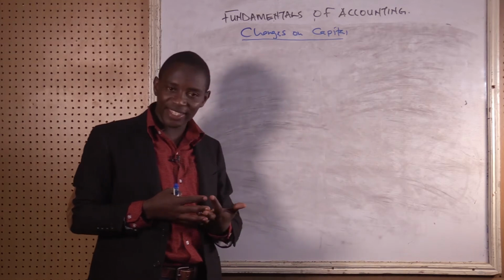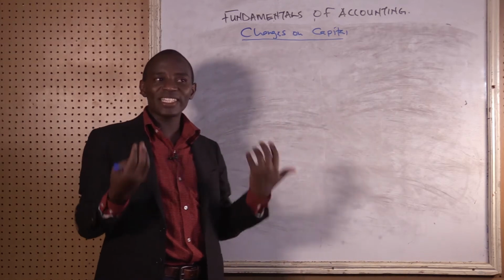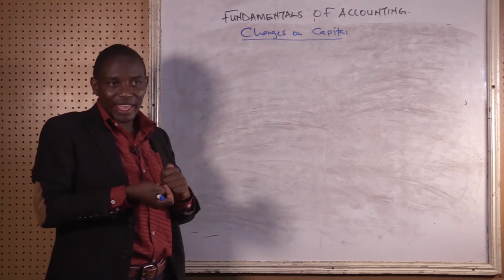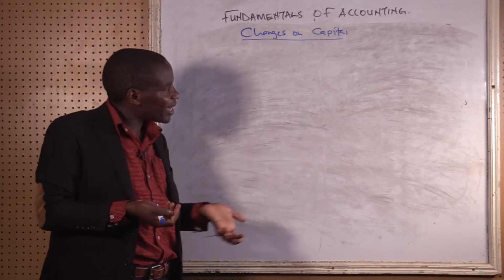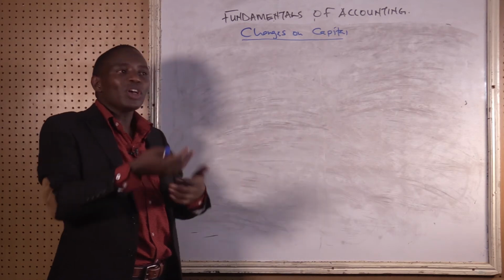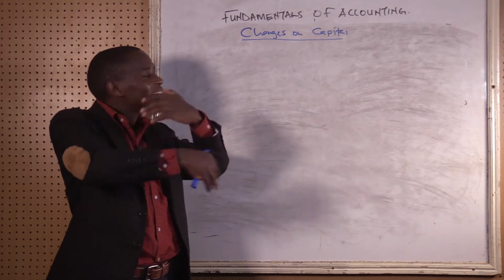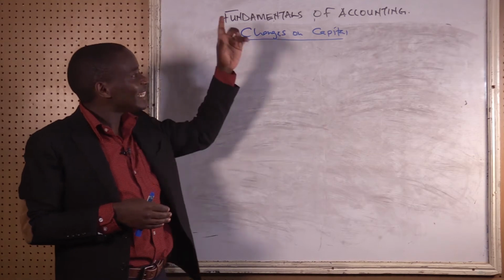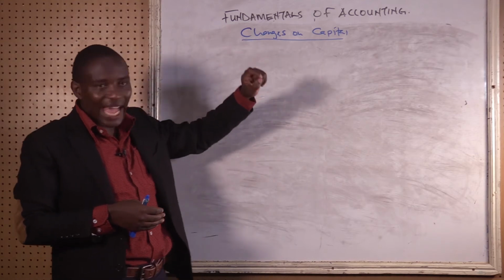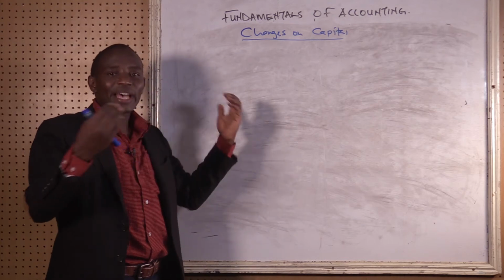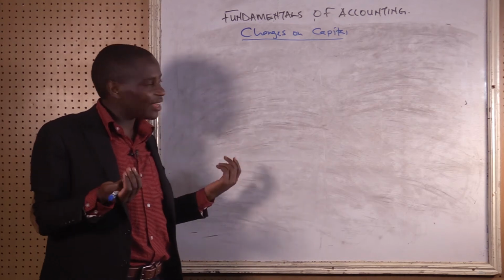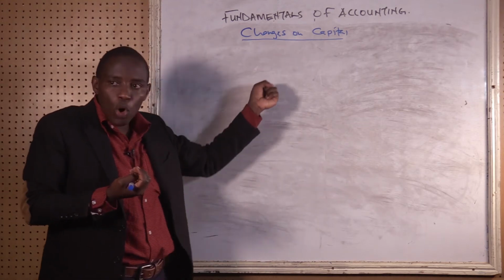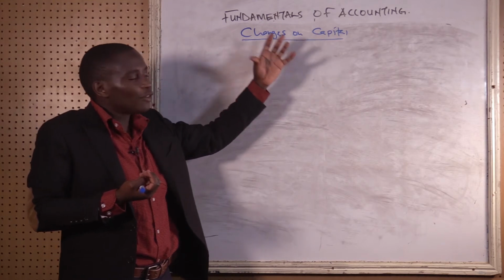Because what usually happens, the owners of the business may bring in more cash into the business. That is what we refer to as investment. They also, because the business is taking its operations throughout a certain period of time, it might have earned some profit or incurred some losses, or the owner of the business may have withdrawn some items or cash from the business.